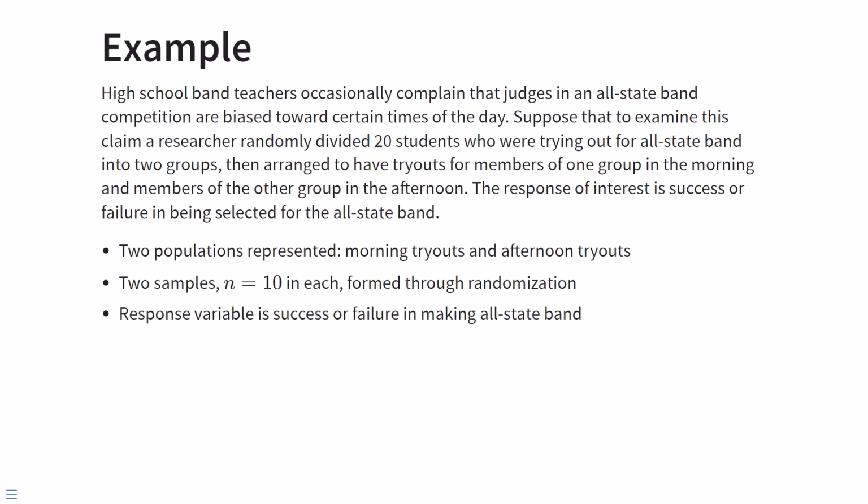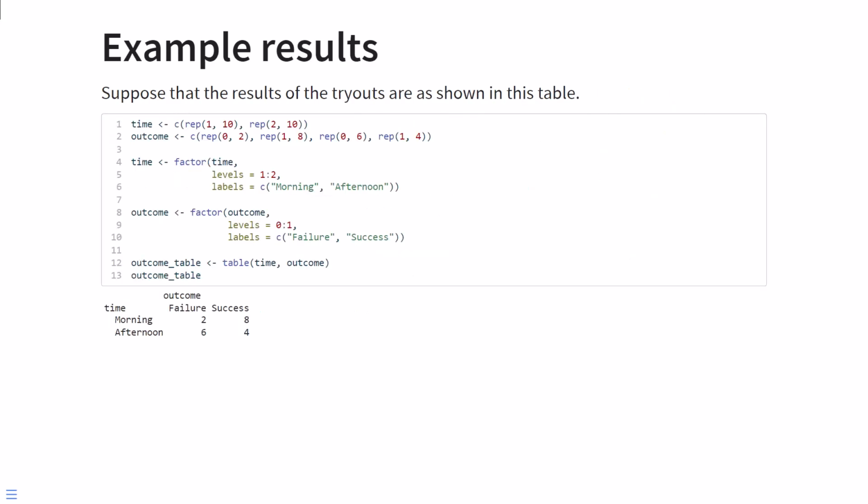So we have 2 samples representing these 2 populations, and there are 10 in each sample, and these are formed through that randomization. The response variable is a Bernoulli event. It's success or failure in making the all-state band. Here are some example results. So I've set up a time variable indicating morning and afternoon, and an outcome variable indicating failure or success in making the all-state band.